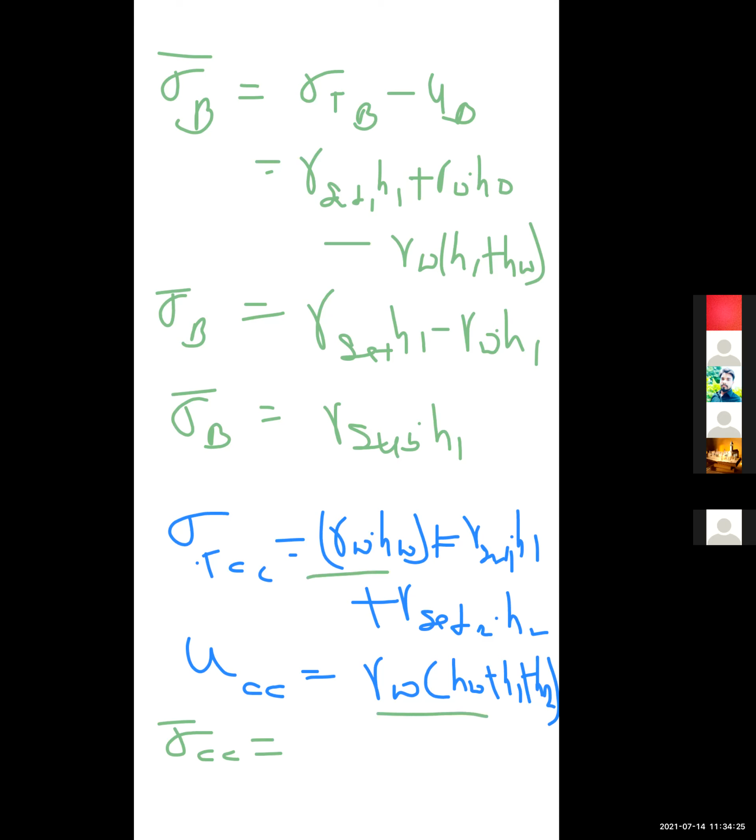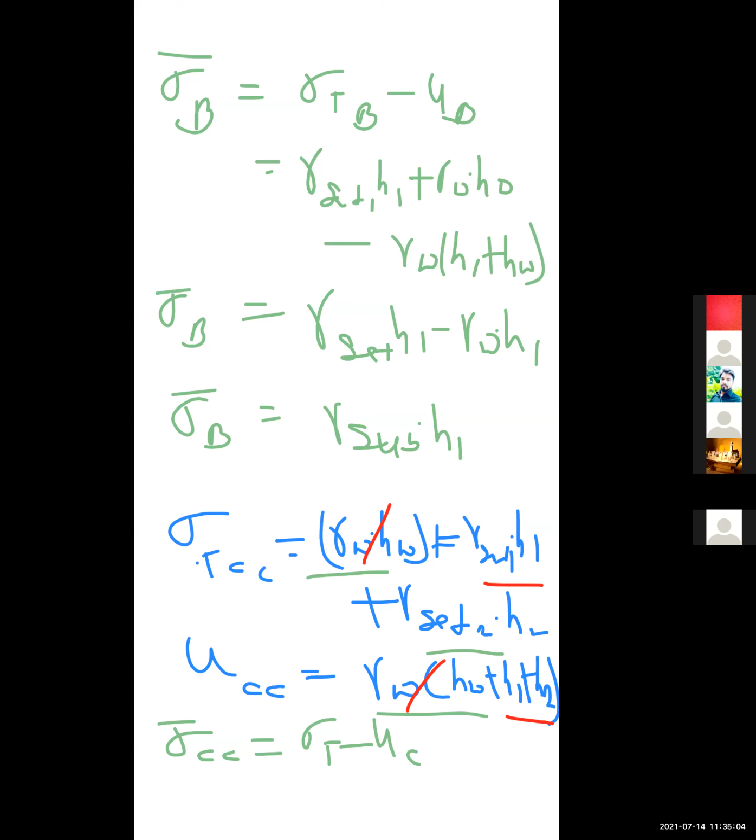So we can write sigma T minus UC. What is the value of sigma T? Sigma T equals gamma W HW plus gamma saturated 1 into H1 plus gamma saturated 2 into H2, minus gamma W HW. So we can cancel this out, leaving H1 plus H2 with gamma saturated only.